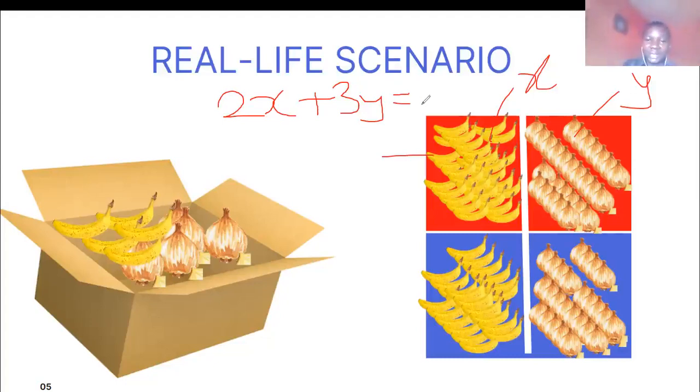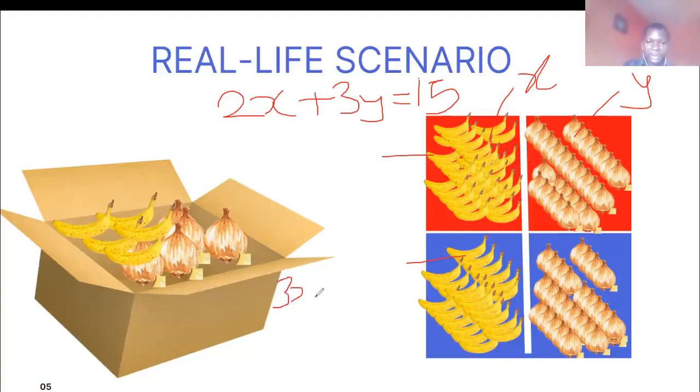So everything is 10, or let me say 10 or 15. Let me use 15. The total number of all the bananas and plantains added together is 15. That means 2x plus 3y is equal to 15. That's our equation 1.